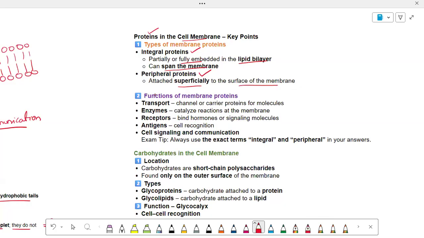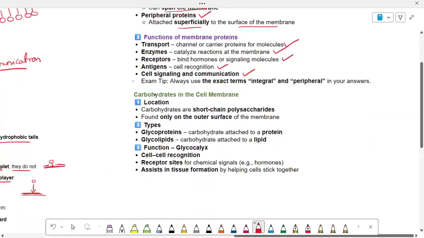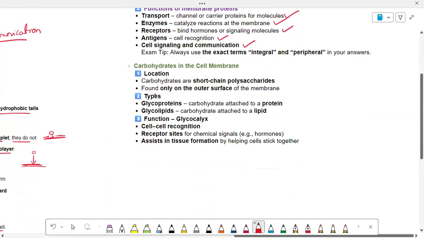It isn't fully embedded in the cell surface membrane. I already talked about their functions: transport, enzymes, receptors meaning communication, antigens which help to recognize the cell, signaling and communication.